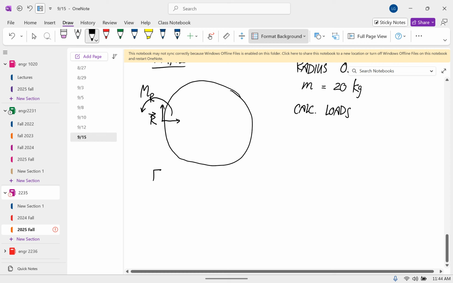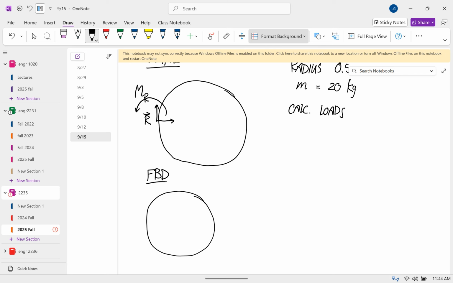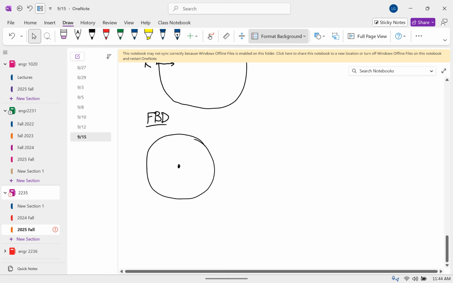Okay, so a free body diagram. The weight acts at the center of mass. So that's 20 times 9.81.